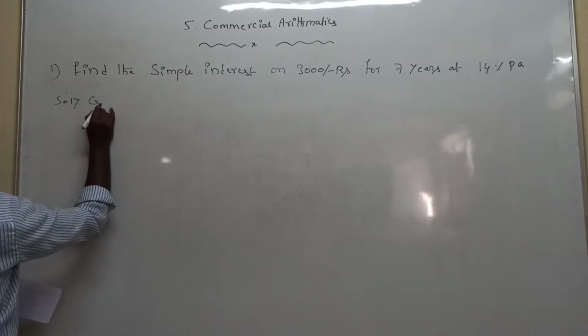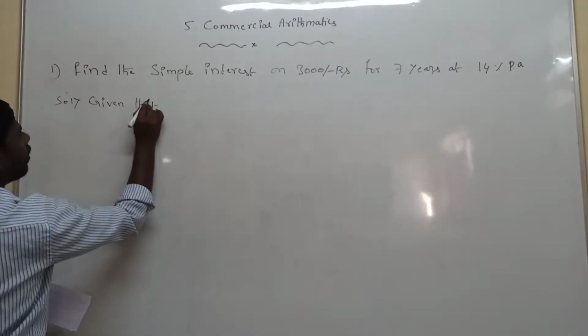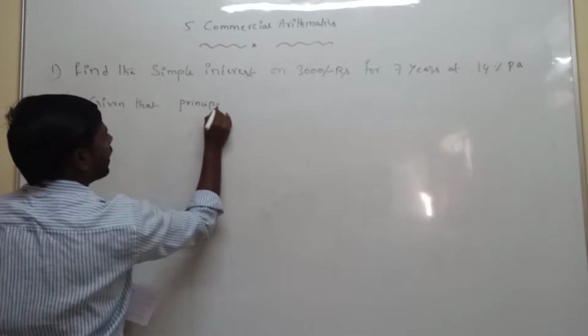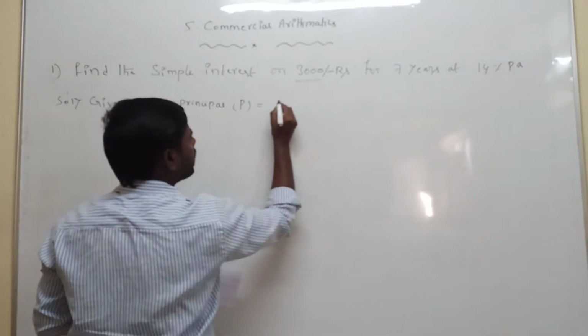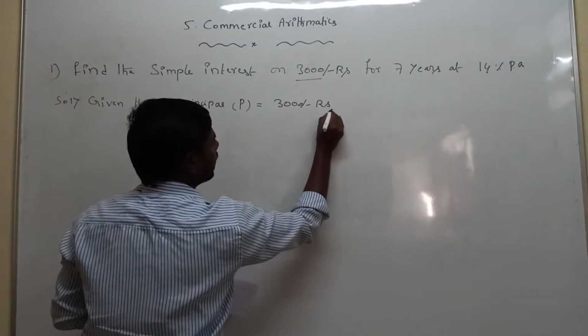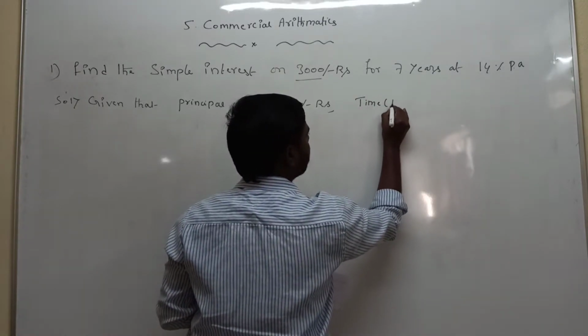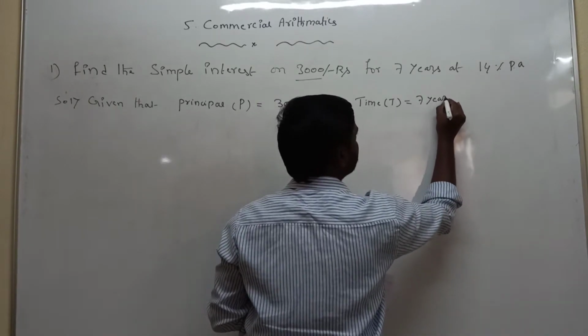Given that, principal, denoted by capital P, is equal to 3000 rupees. Time, denoted by T or small n, is equal to 7 years.